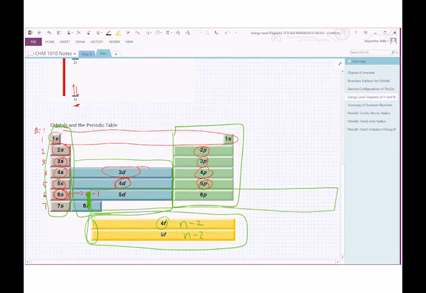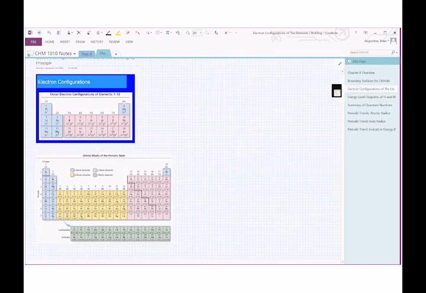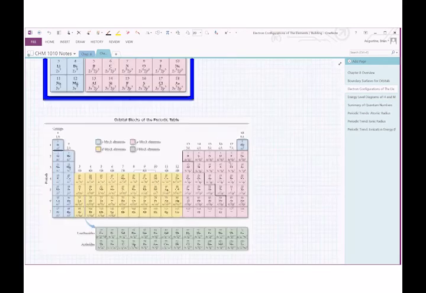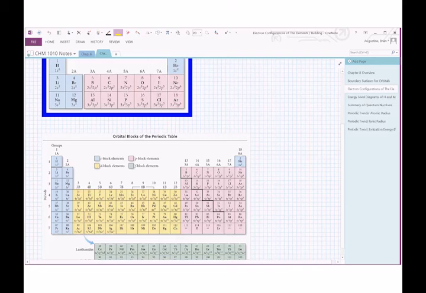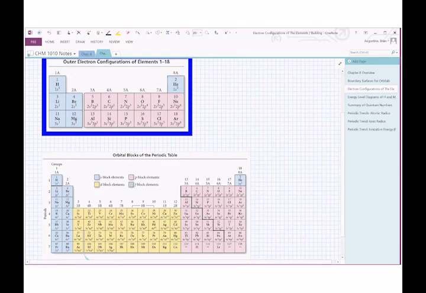Let's go back to the prior figure, back to the periodic table here. All right, now I want you to note something. This is important. Do you notice, let's take oxygen. This has a configuration of 2s2, 2p4. Sulfur is 3s2, 3p4. Lithium, 2s1. Sodium, 3s1. Do you notice it's basically the same electron configuration when we jump down to the next row of the periodic table?